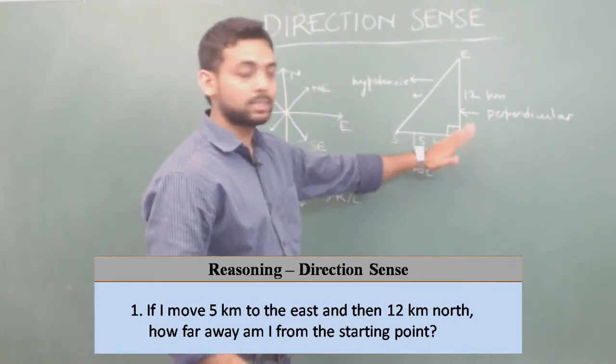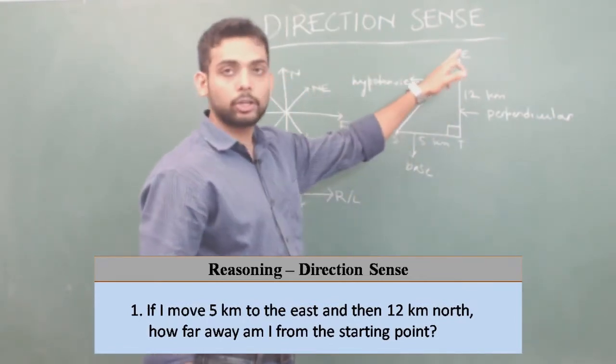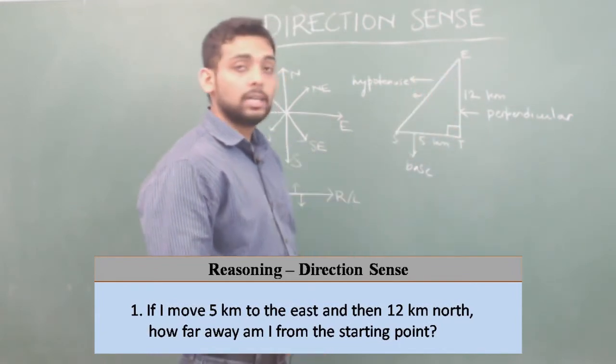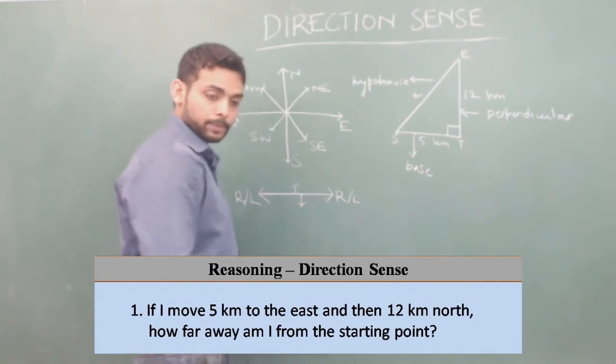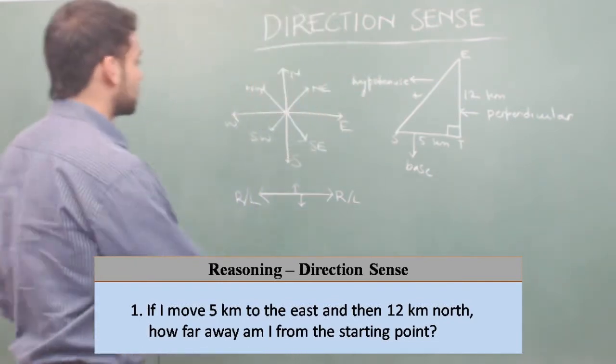Okay, so this is the base, perpendicular and hypotenuse. So in effect we have a right angle triangle. Now according to the Pythagoras theorem, okay, let me just clear this off.